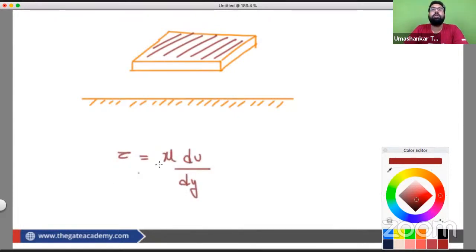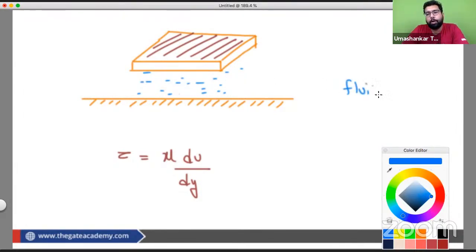So for any question on Newton's law of viscosity, how do you identify in the examination whether the question is asked in the domain of Newton's law of viscosity? So my dear, please understand this. Whenever you see a question in which you have a liquid and a velocity difference, what should we have?